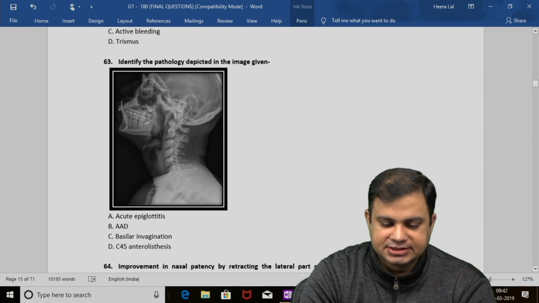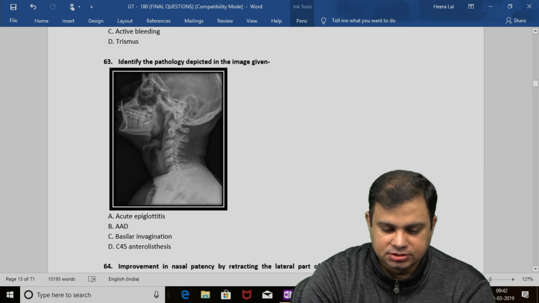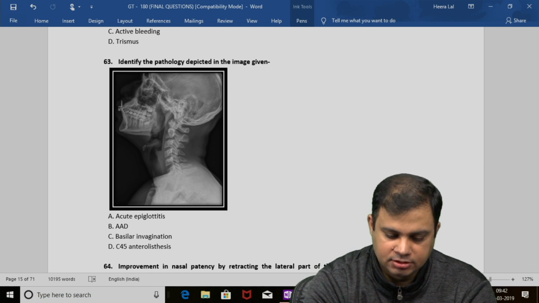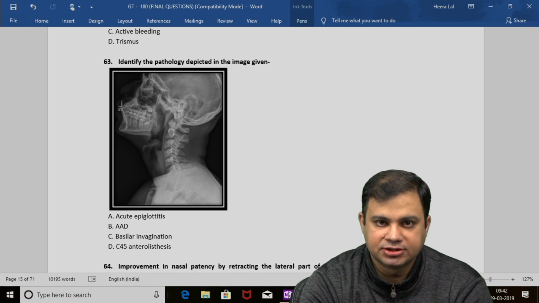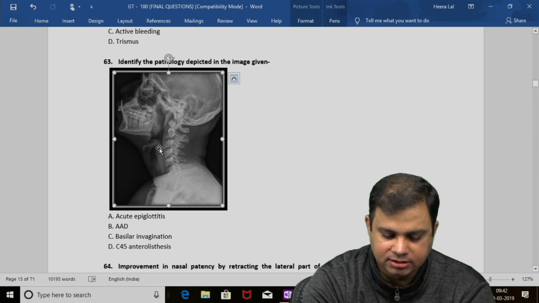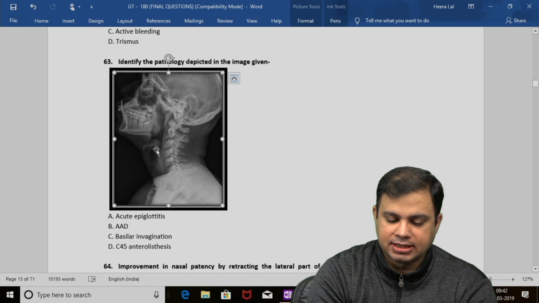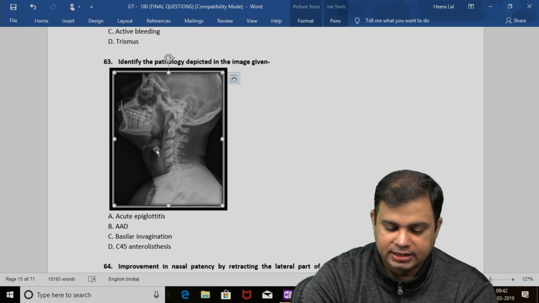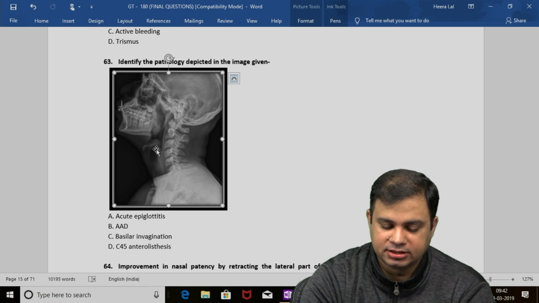Coming to question number 63, it is an image based question. Identify the pathology in the given image. Now, you can see this is an X-ray soft tissue neck, and if we carefully see just behind and above the hyoid bone, we can see a thumb-like lesion. This thumb-like lesion is the epiglottis, a swollen epiglottis, and it is also known as the thumb sign in radiology.